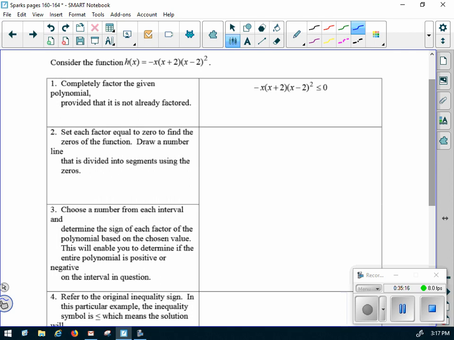All right. Look at this one. Completely factor. Let's factor it. It's already done. Woohoo! What are our important numbers?